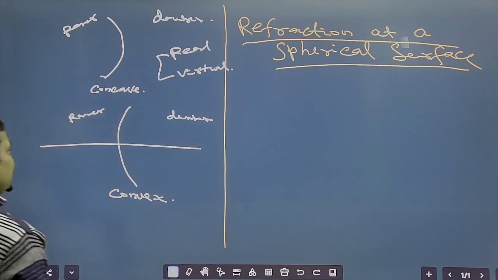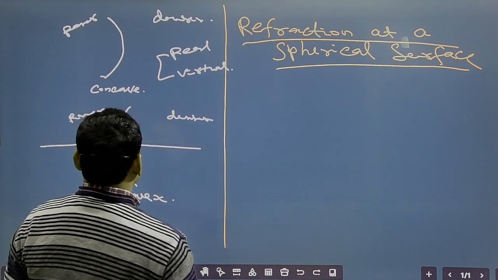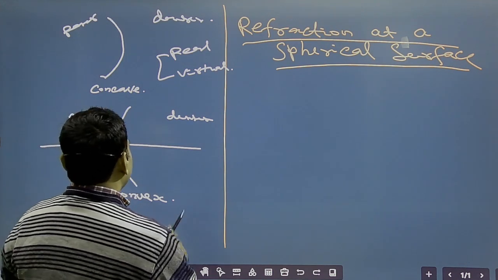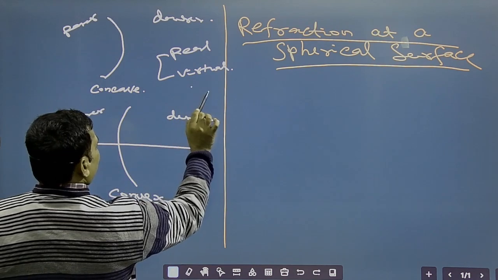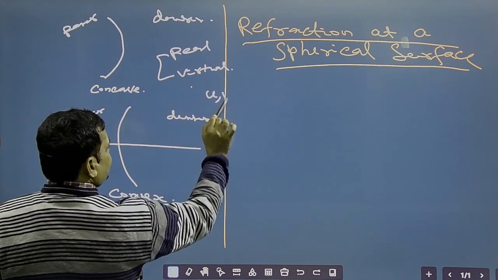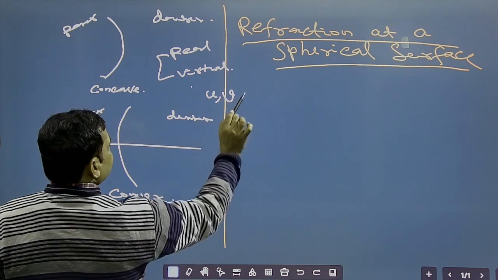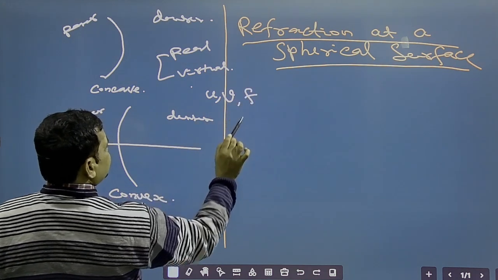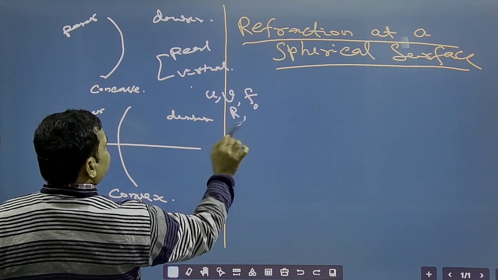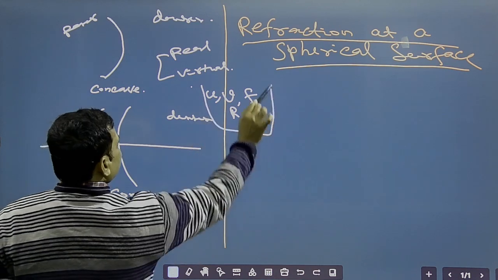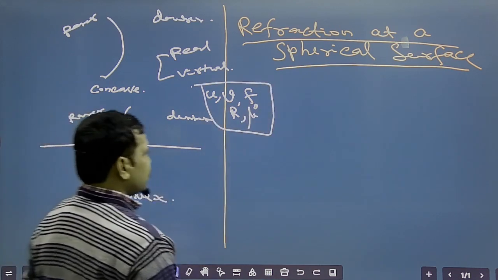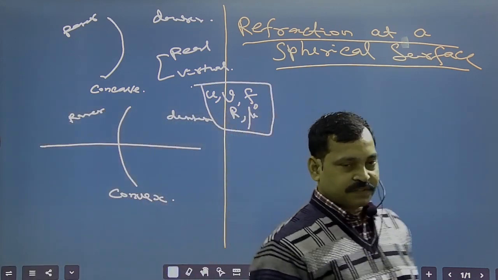So in this type of surface we can find out the relationship between the object distance, the image distance, the focal length, the radius of curvature, and the refractive index of the material of that spherical surface, right?